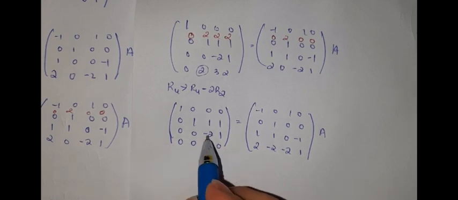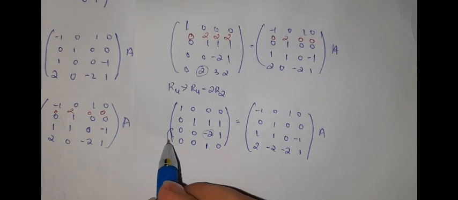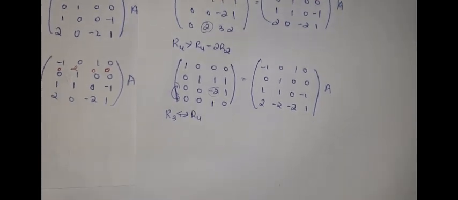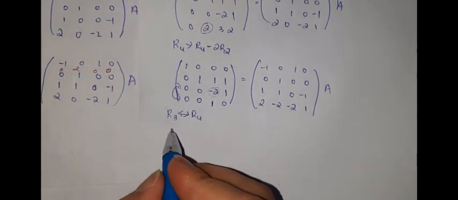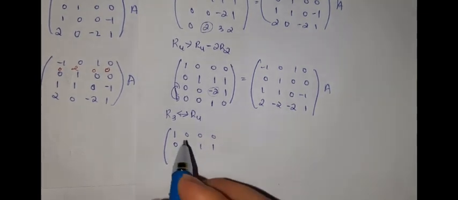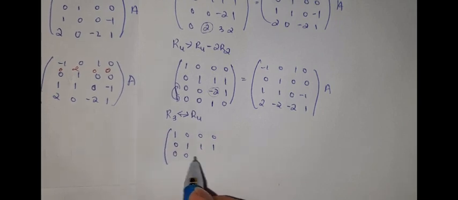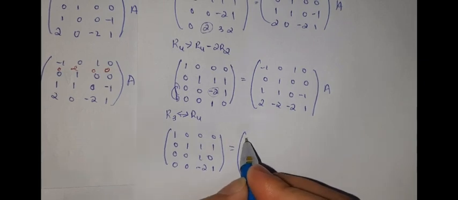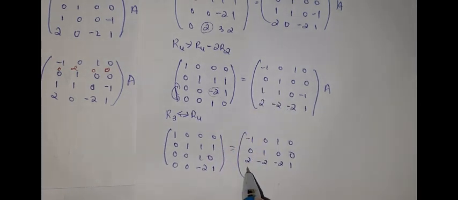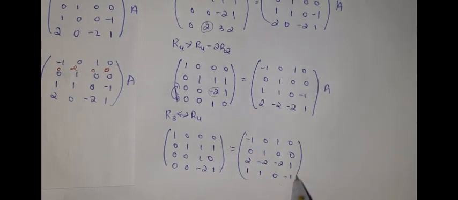Okay, so the next step is let's make it 1. So just do a swap or interchange. r3 will undergo interchange with r4. That means r1 will remain the same: 0 1 1 1. Let's interchange: 0 0 1 0, 0 0 minus 2 1. Same here: 2 minus 2 minus 2 1, this will go there, 1 1 0 minus 1.